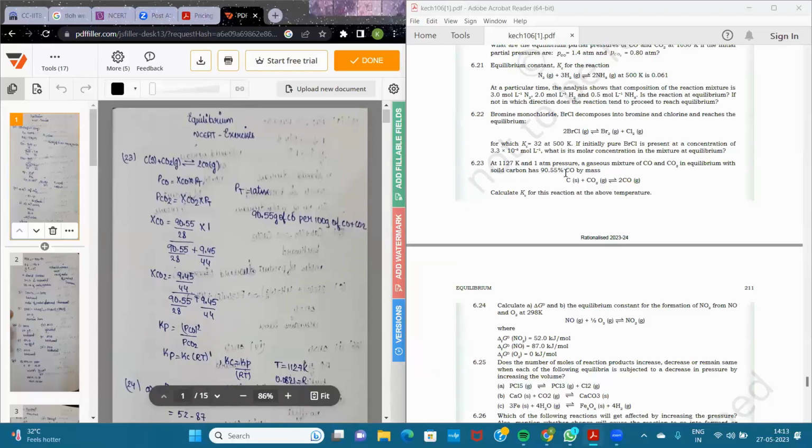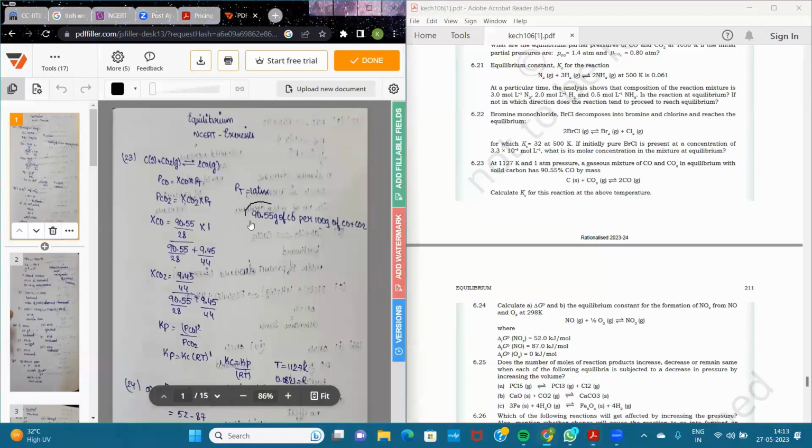So we can calculate the partial pressures by knowing the mole fractions. Here, the mole fractions were calculated using the mass percentage given. From the mass percentage, we got 90.55 percentage.